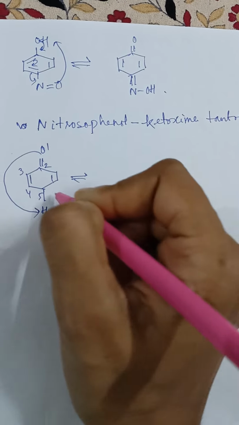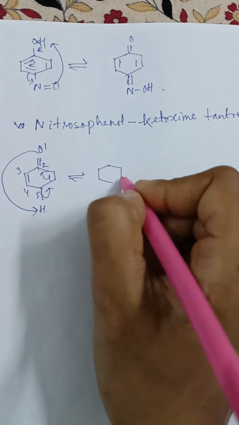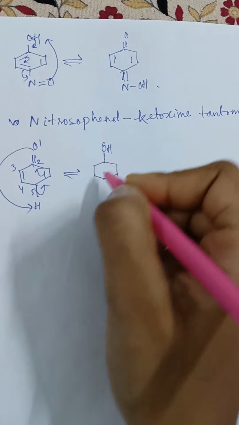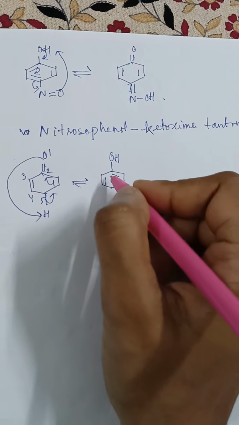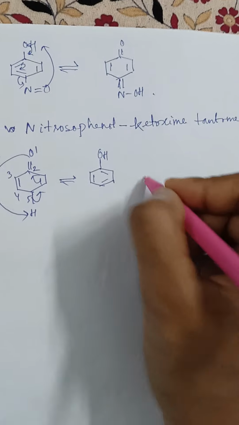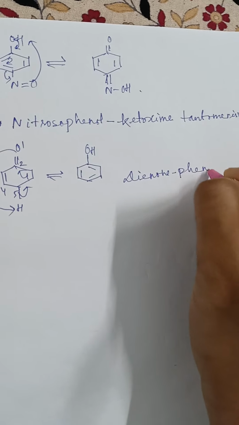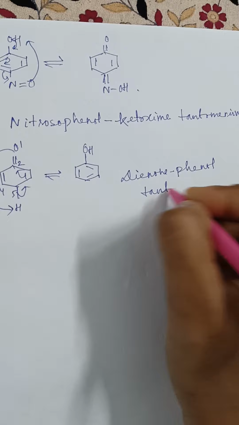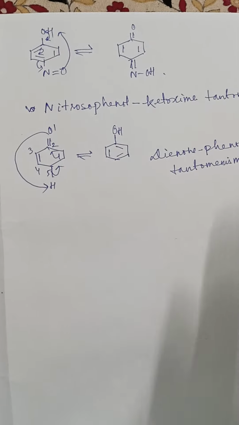So this will abstract this hydrogen and the double bond shifting. See, phenol. So this is known as dienone phenol tautomerism.